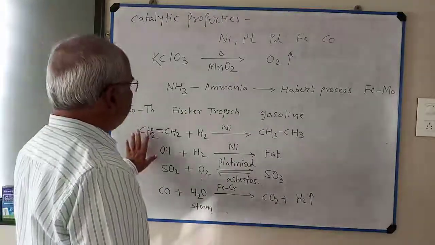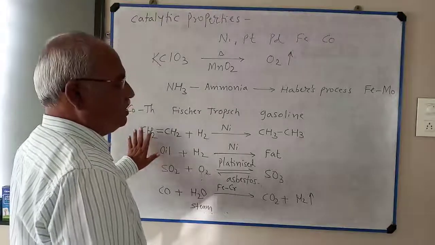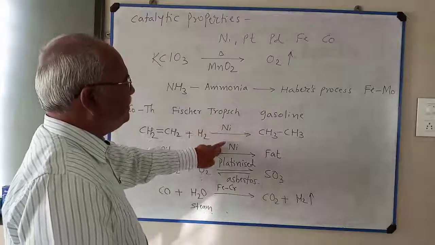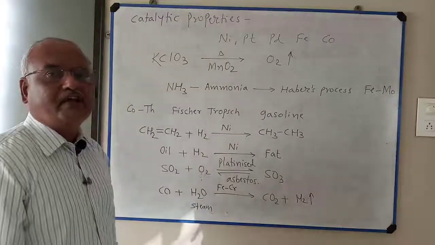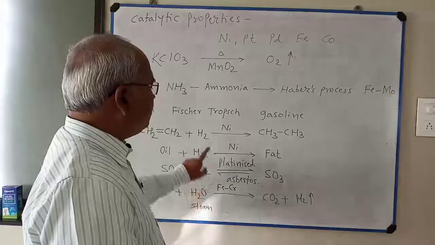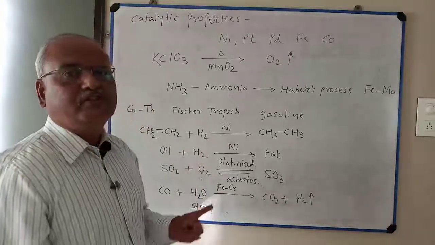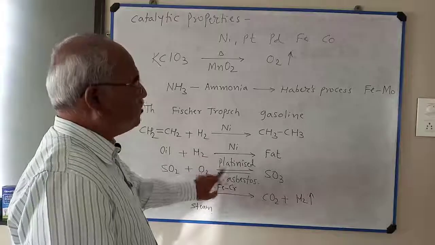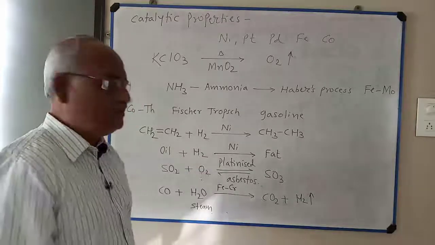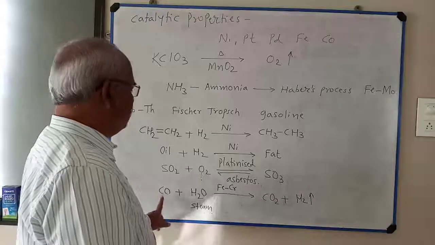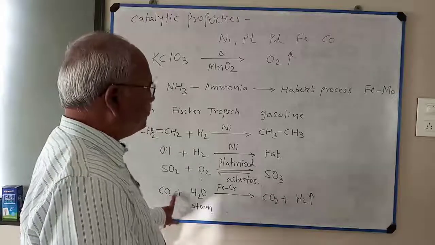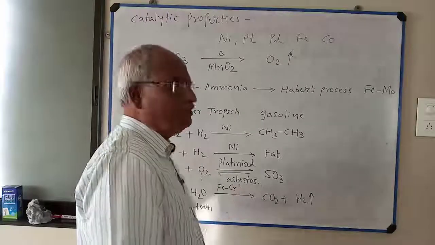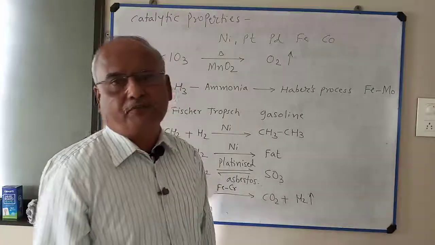In hydrogenation of ethylene or oil, finely divided nickel is used as catalyst. In the contact process for synthesis of sulfuric acid, platinized asbestos is used as catalyst. To convert carbon monoxide into carbon dioxide, iron chromium is used as catalyst.